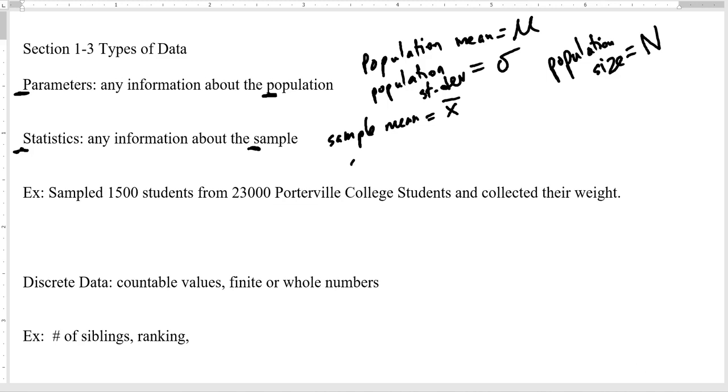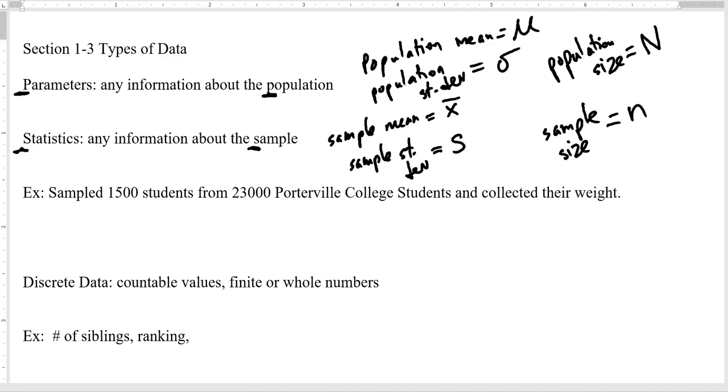If I do the sample standard deviation, you don't need to know what these are yet, we use just a lowercase s. And the sample size would be lowercase n. That's the difference. Any information about the population, we call a parameter. Information from just the smaller group, the sample, we call a statistic.